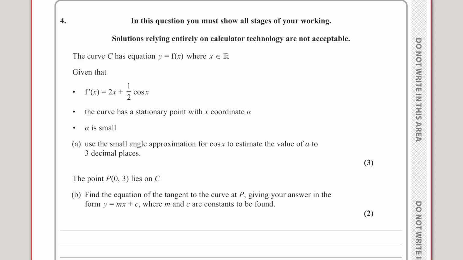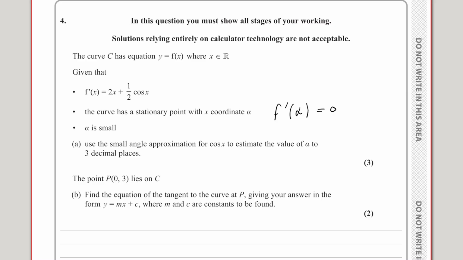Question 4. The curve C has equation y equals f of x, and given that f prime x, the gradient function, is 2x plus half cos x. The curve has a stationary point with x coordinate alpha. So at a stationary point, the gradient function is equal to 0, so f prime alpha equals 0.